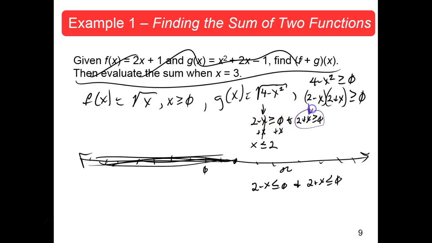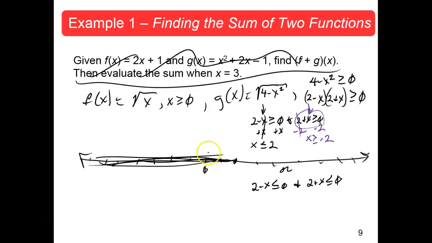Solve for x. How do we do that? Okay, subtract 2 from both sides. Is that what I heard? I'm hard of hearing. Okay, that goes to 0, and that gives you x is greater than or equal to negative 2.